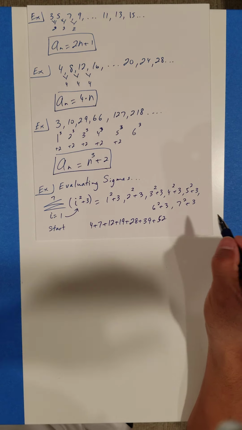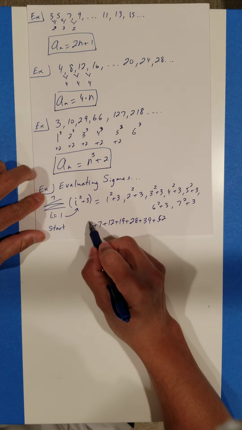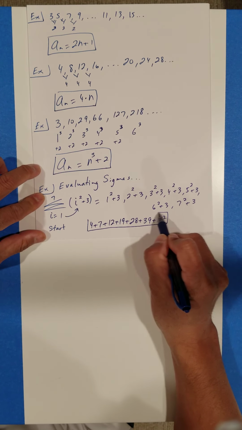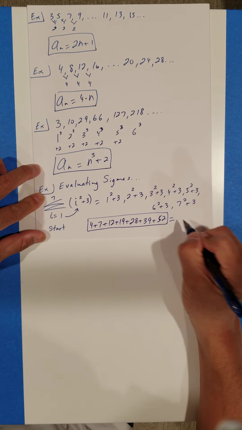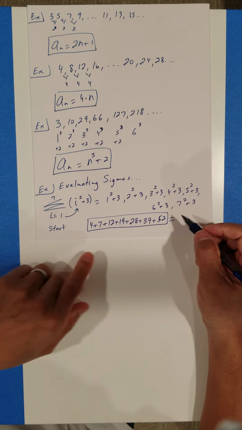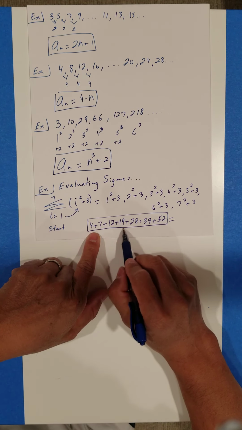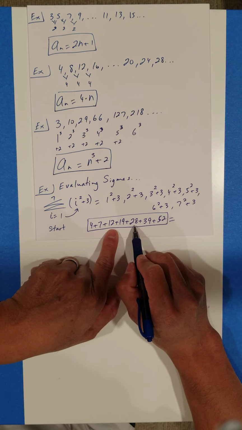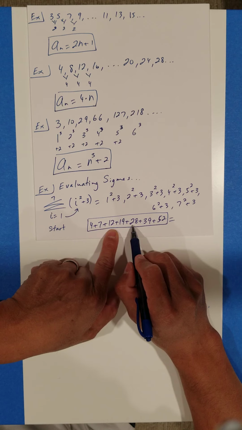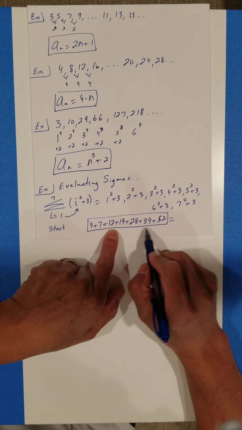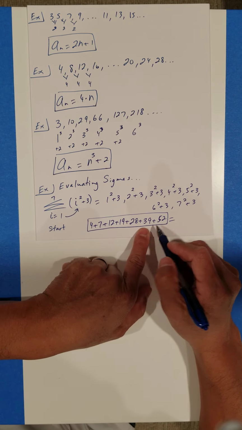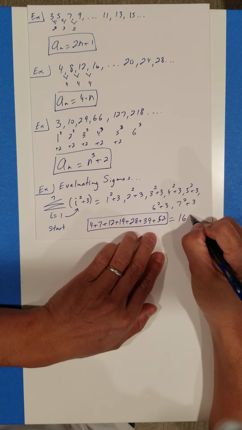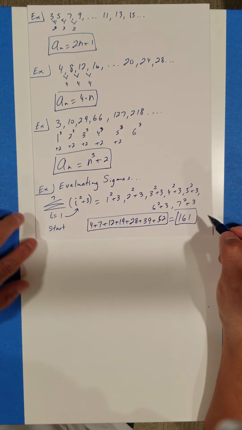Now my job with sigma is to make sure I add all of these together. I have to manually add these or use a calculator, doesn't matter. 11, 30, 42. 42 and 28 is going to be 70. 70, 109, and 161 is my grand total of the sigma.